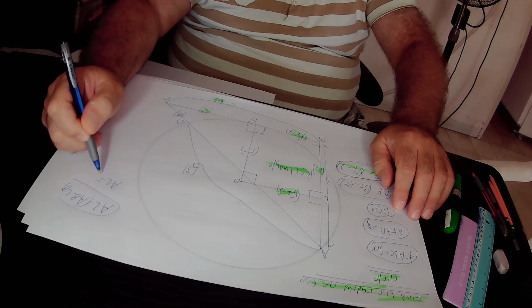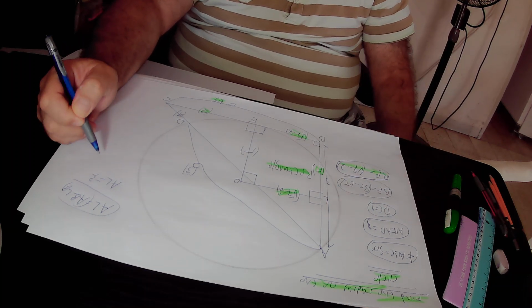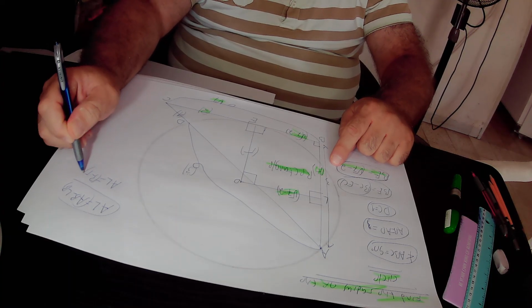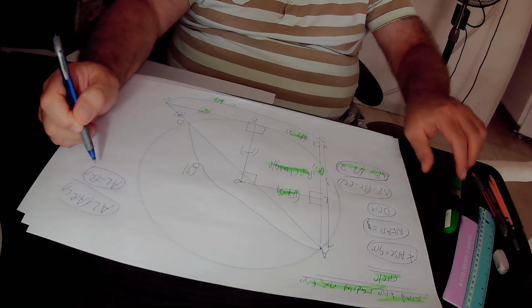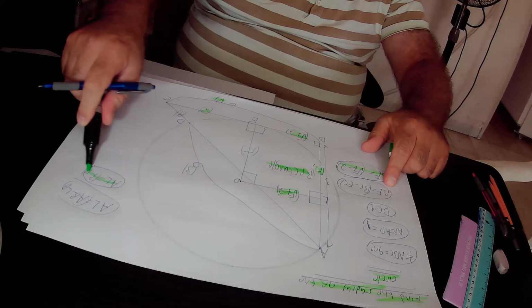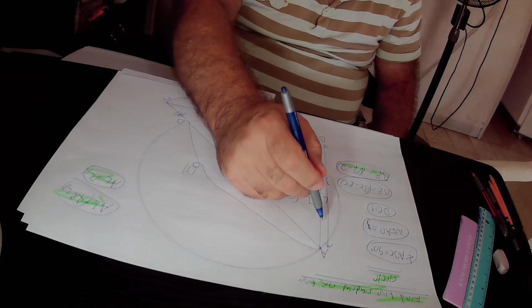So AL equals AB. AB is 3 according to what is given in the question. Minus LB. LB equals R. So in total, AL equals 3 minus R units in its length.